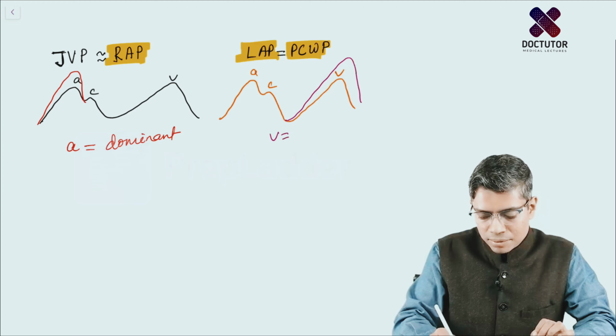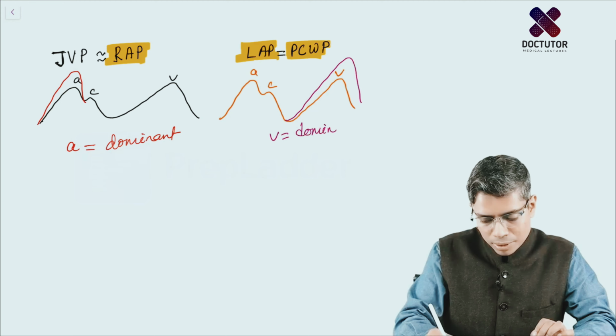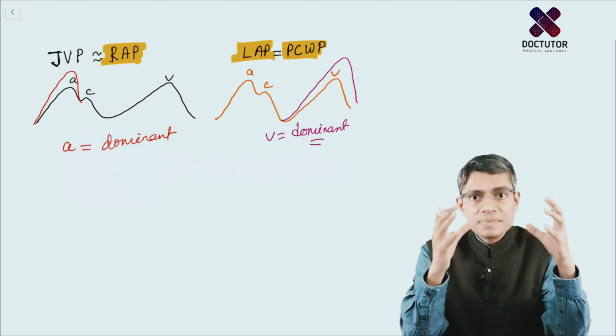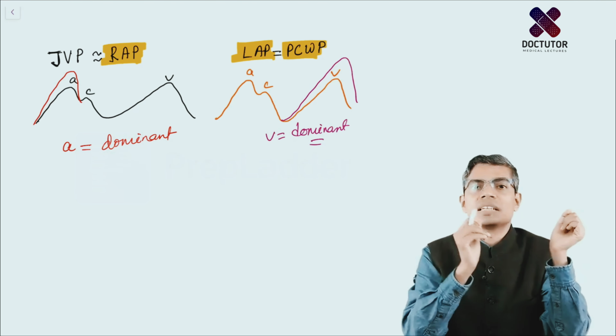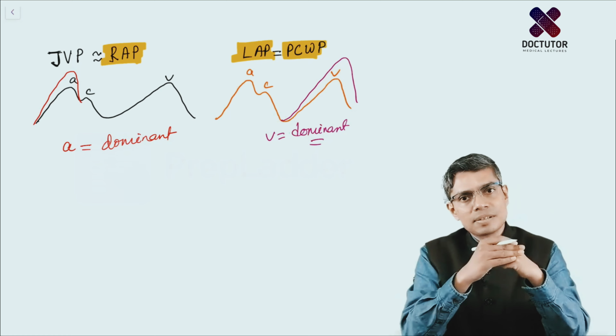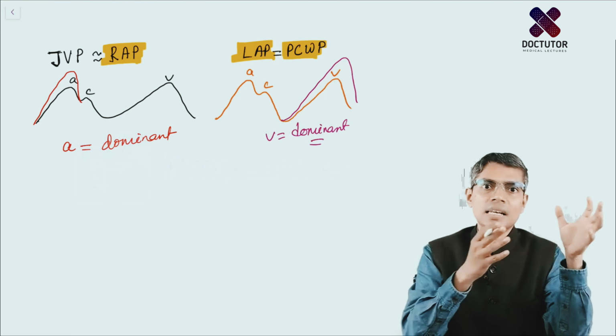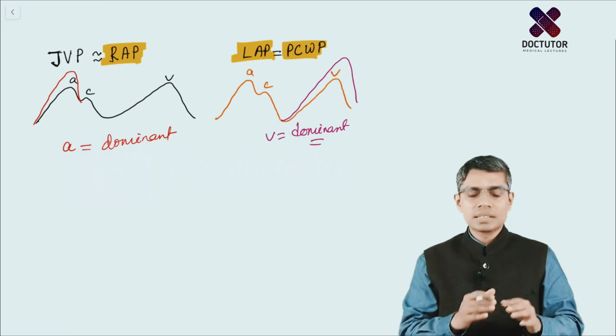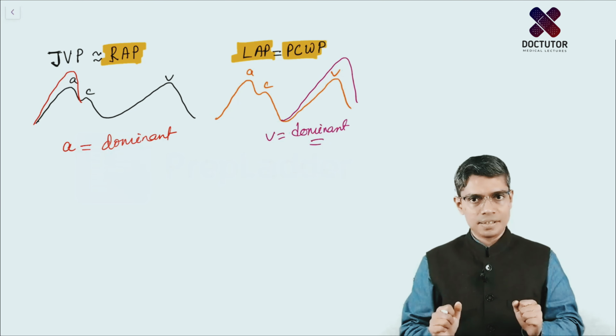So here the V is the dominant wave. The reason is that the left atrium is a stiffer, harder chamber than the right atrium, because of which the V wave is more dominant in left atrium pressure changes, and the A wave is the more dominant wave in the right atrium. Otherwise you are going to get a similar kind of wave in both atria.